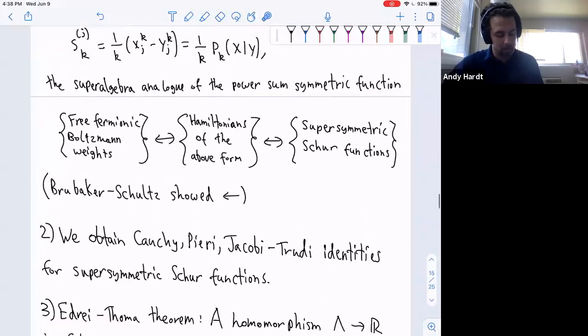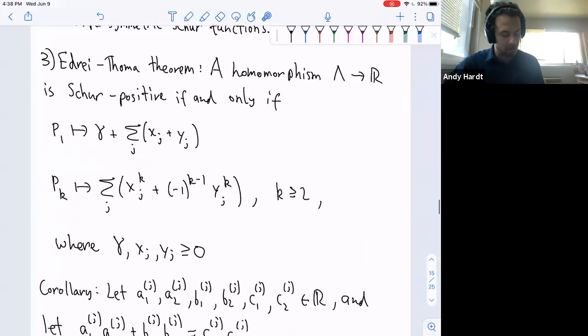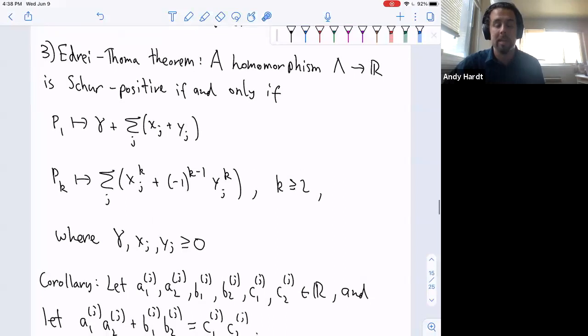Okay, so then a third takeaway, which is a little bit of a wild card, I have to admit, but there's another reason that those functions are interesting, and they come in a version of the Edrei-Thoma theorem for Schur positivity. I thought I would just put this because it's a little bit mysterious to me, but the Edrei-Thoma theorem in this form says that let's take a homomorphism from the ring of symmetric functions to the real numbers. When is that Schur positive? Meaning for every Schur function, or equivalently every skew Schur function, we get a positive number from this thing.